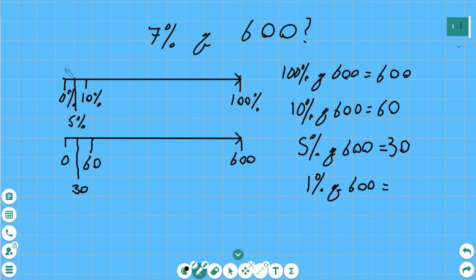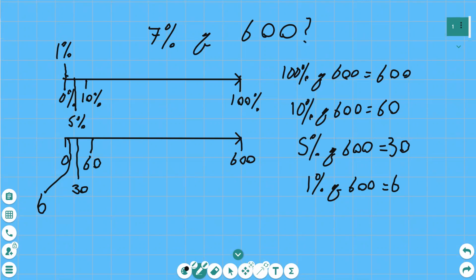Well, 1% is a 100th. So if we do 600 divided by 100, we'll get 1%. And 1% is also, you could think of it as a tenth of 10%, a tenth of 60, it's going to be 6. So 5% is 30, and now 1% is 6.